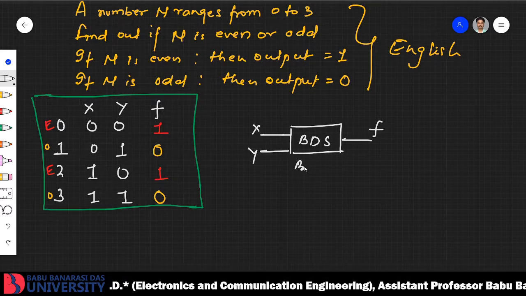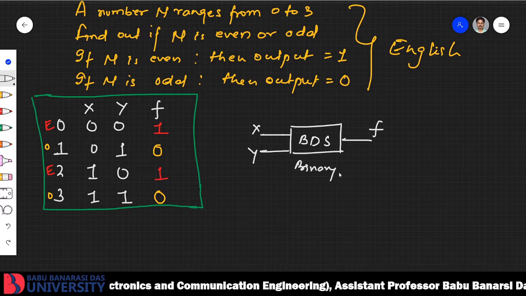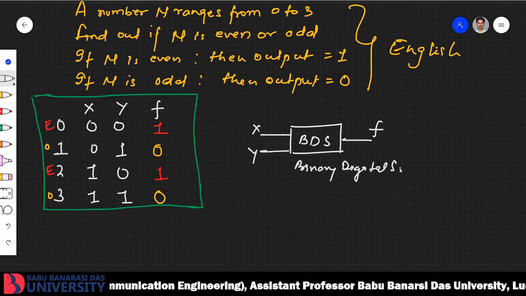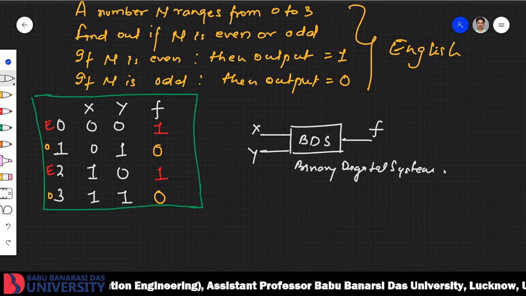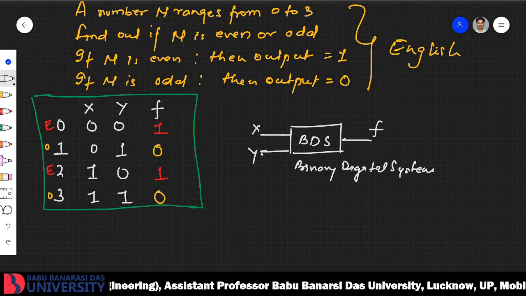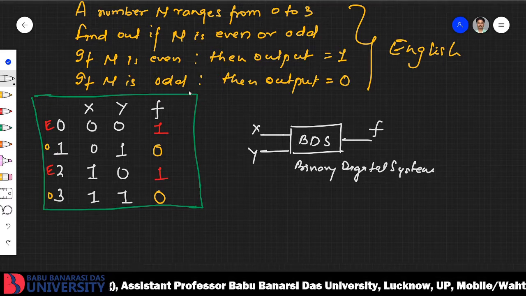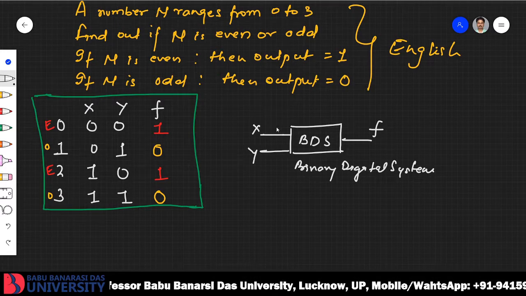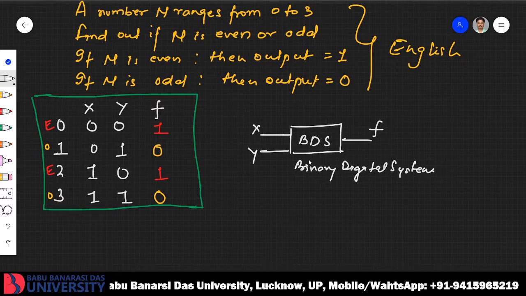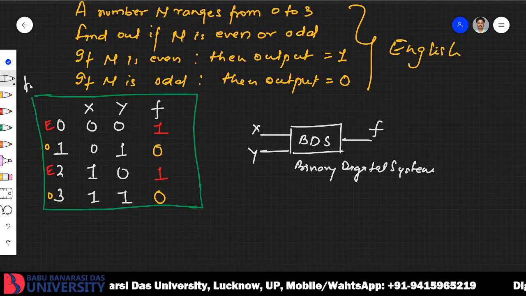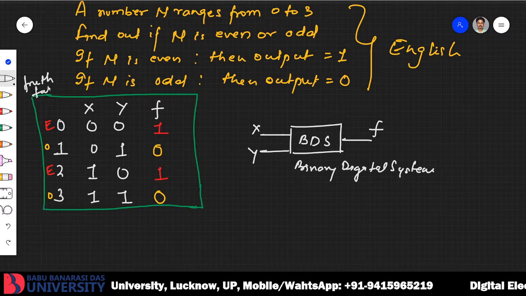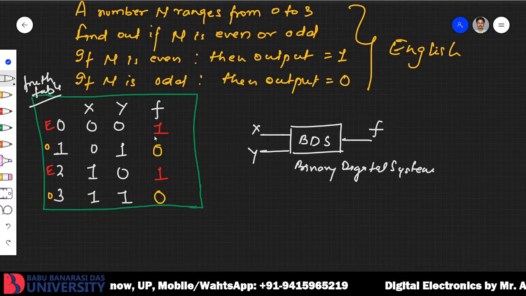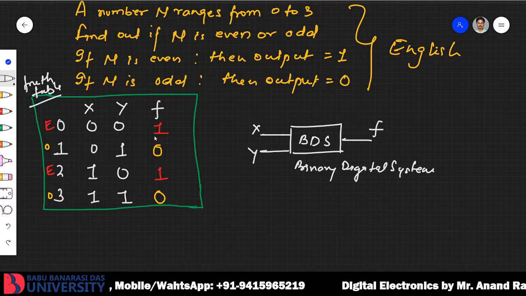So this is your binary digital system. Now you can see that the above English statement is converted into a binary digital system with the help of this truth table, where x and y are the variables and f represents the function.